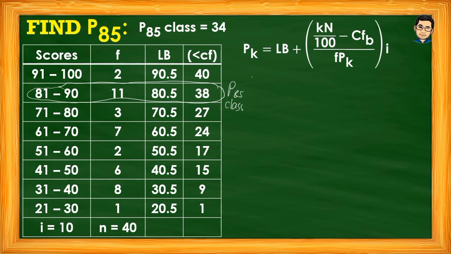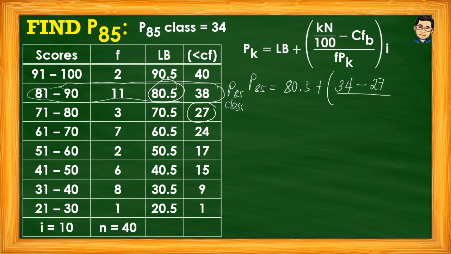So, P sub 85. So, yung lower boundary nun is 80.5. Plus, nakuha natin Kn over 100, yung position ng P sub 85 natin, yung 34th score. So, that is 34 minus cumulative frequency before the P sub 85 class, yung nasa ibaba ng 38, that is 27.